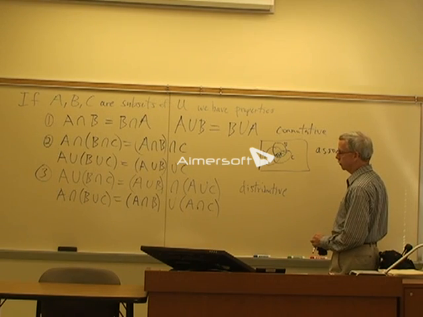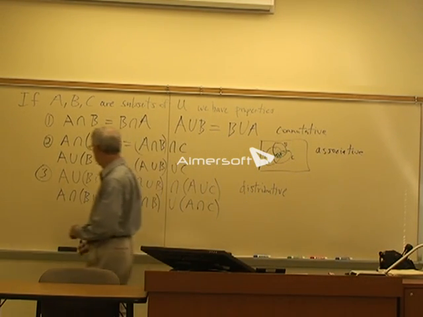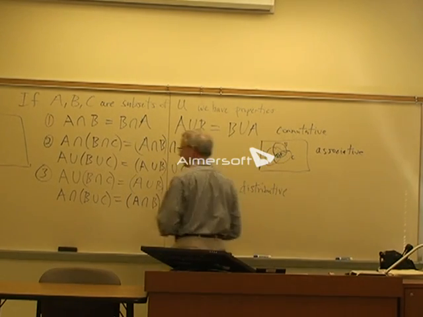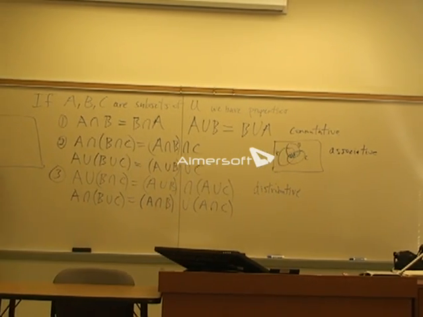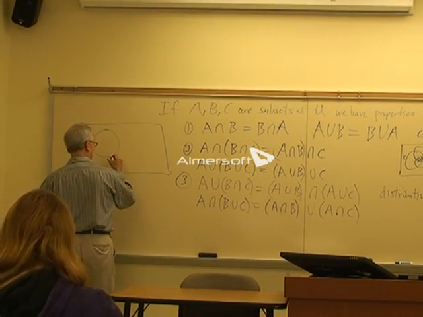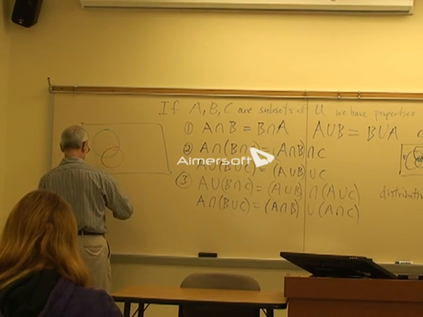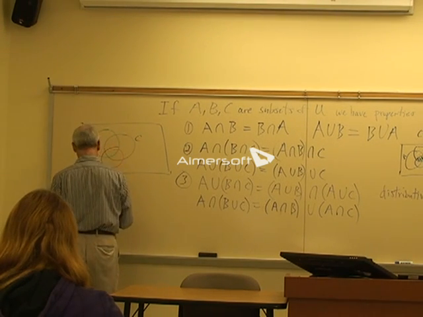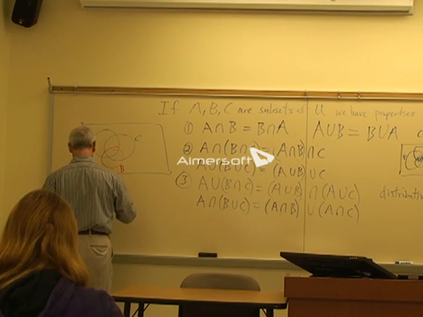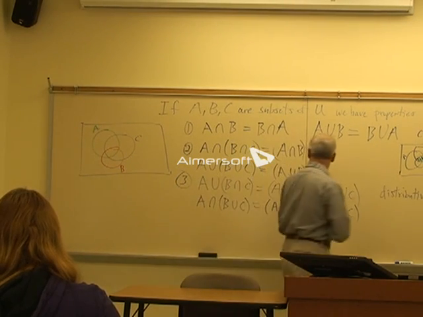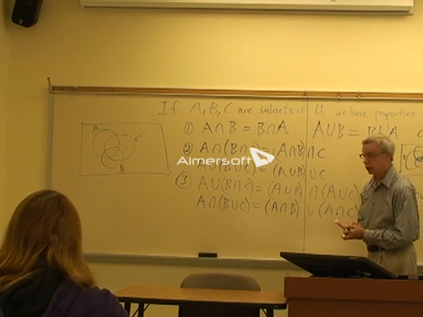Maybe it's worthwhile doing a picture, another three-ring picture. If I take three sets, A green, B red, C blue, let's reason through this first rule. Where is B intersect C?